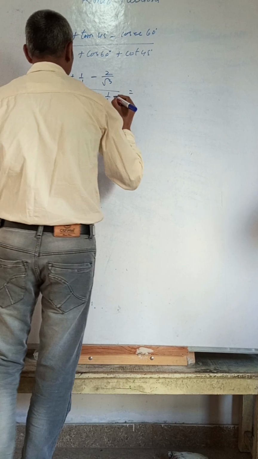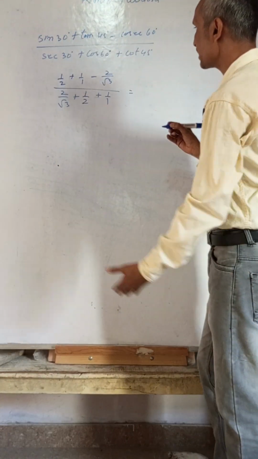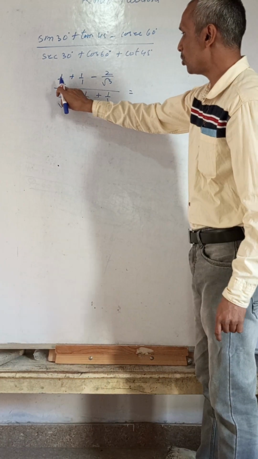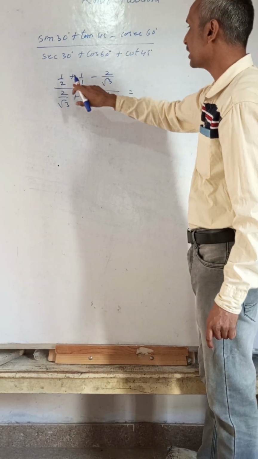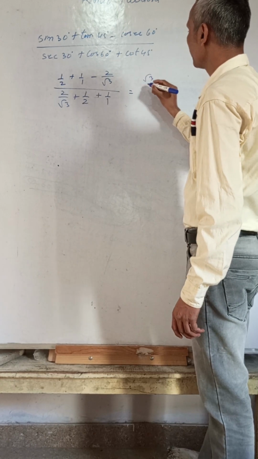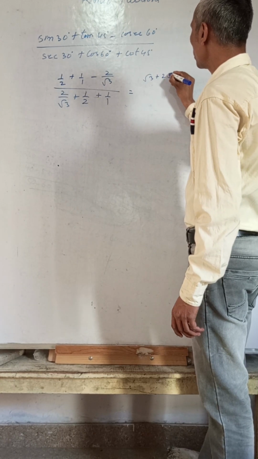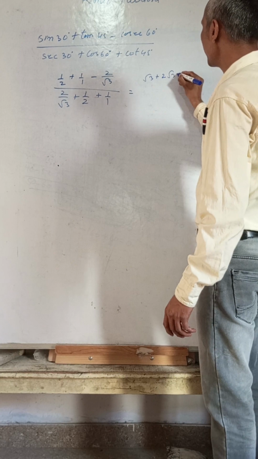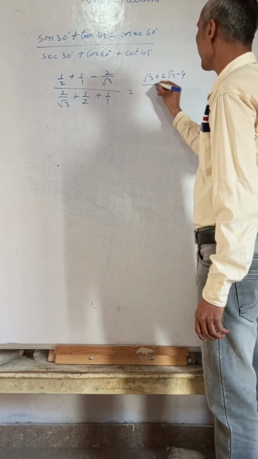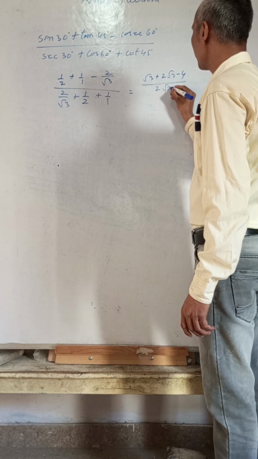Next we can write it like this. We are adding by taking the LCM. So 2 and root 3 is the LCM. Numerator: root 3 plus 2 root 3 minus 4, over 2 root 3.